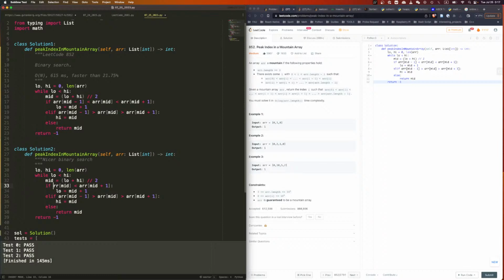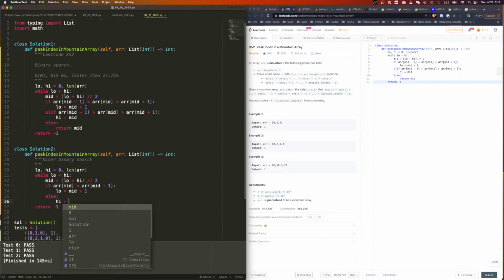If this is true, that means you're on the left hand side. Else, then high equals mid. Right? If this, you're always on the left hand side, we try to push to the right.